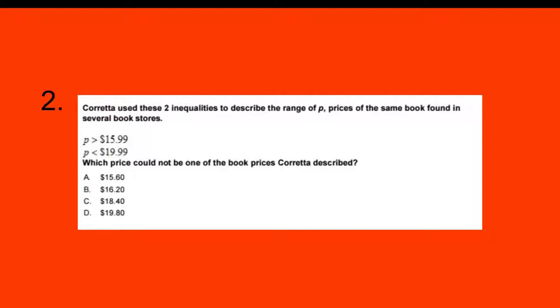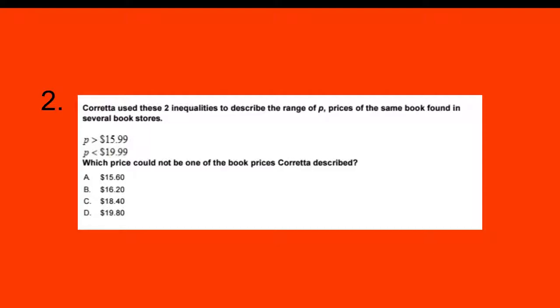Which price could not be one of the book prices Coretta described? As we look through our answers, P has to be greater than $15.99, and P also has to be less than $19.99. So as we look at answer choice A, it is $15.60.